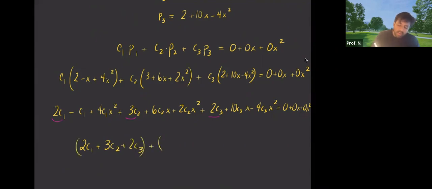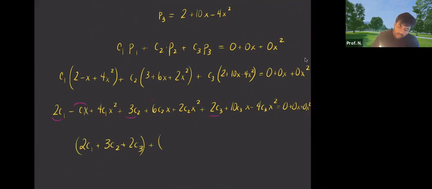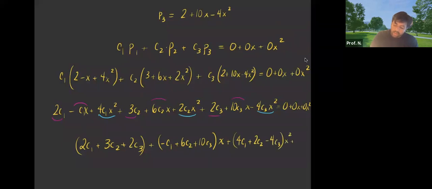Then I'm going to add all of the linear terms, forgot the x here, so I get minus C1 plus 6C2 plus 10C3, and this is times x. And then finally, I'm going to put all of the x squared terms together, and I get 4C1 plus 2C2 minus 4C3, times x squared. This equals 0.